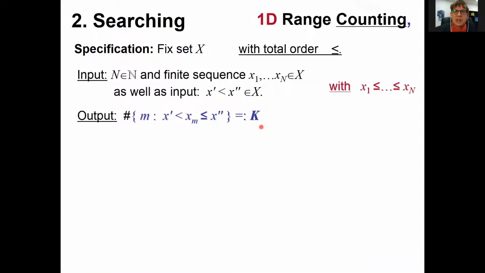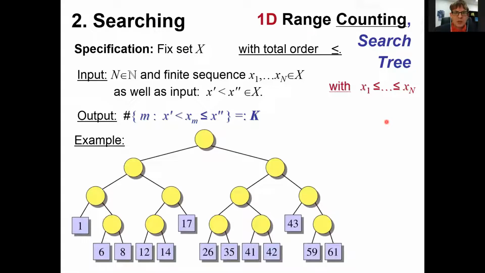So here's the one-dimensional range counting problem revisited, and here we use a search tree data structure instead of a sorted array. Let me illustrate that with an example. You know, of course, a tree data structure, binary tree and search tree from your course on data structures.